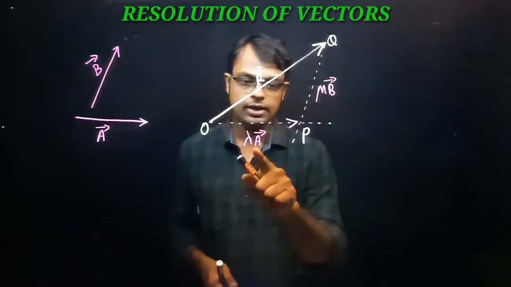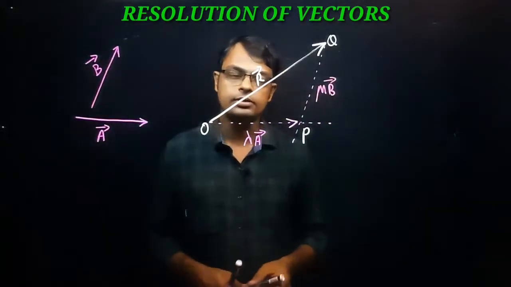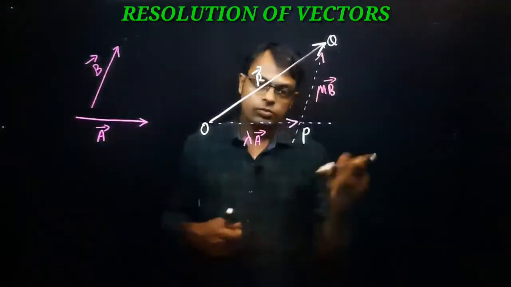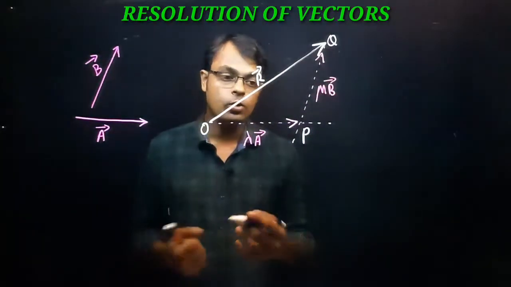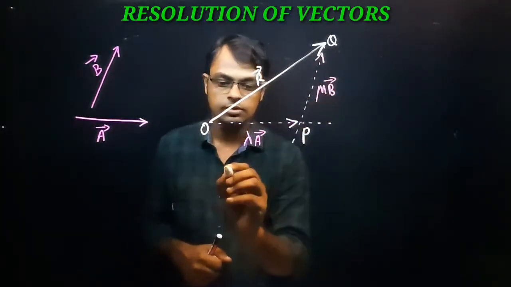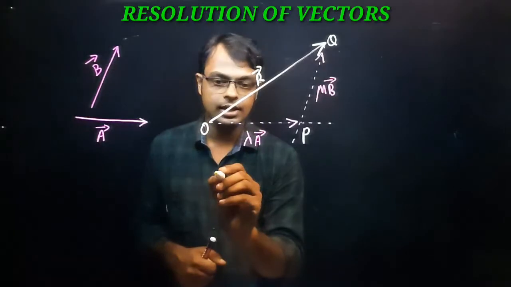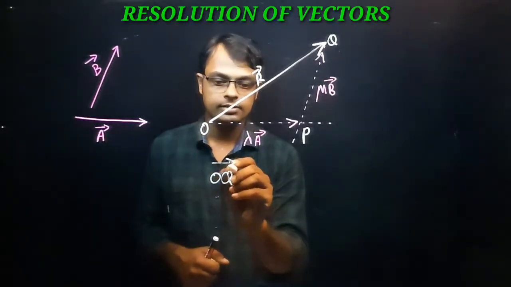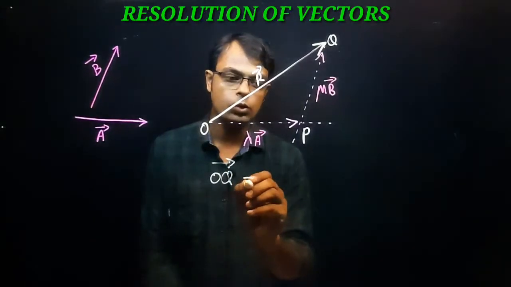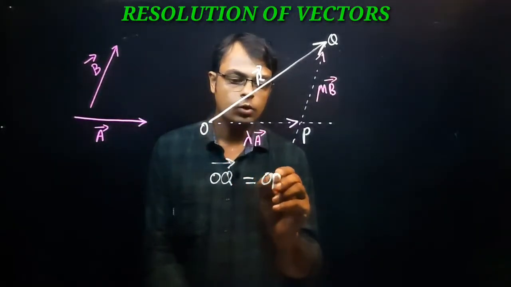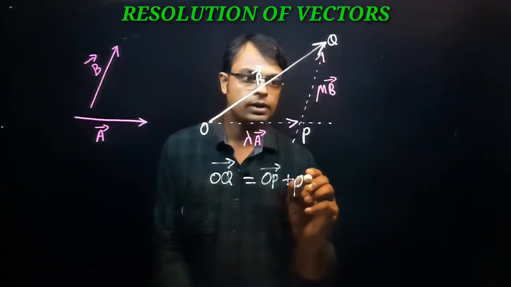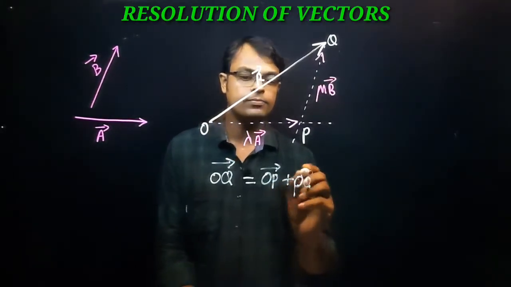So this is lambda A vector and this is mu B vector. We can give the direction like this for the mu B vector. Now if you use the triangle law of vector addition, we can write this equation as OQ vector is equal to OP vector plus PQ vector.